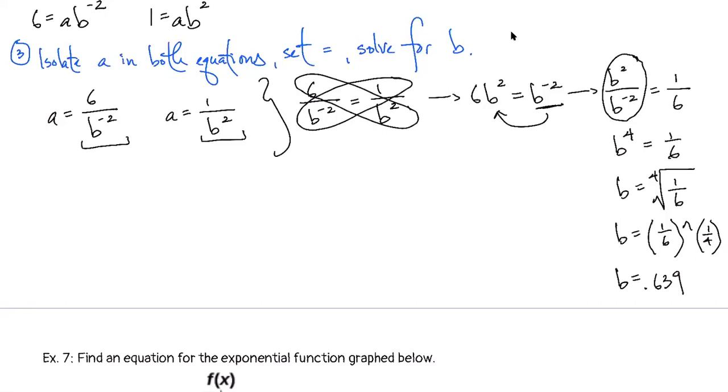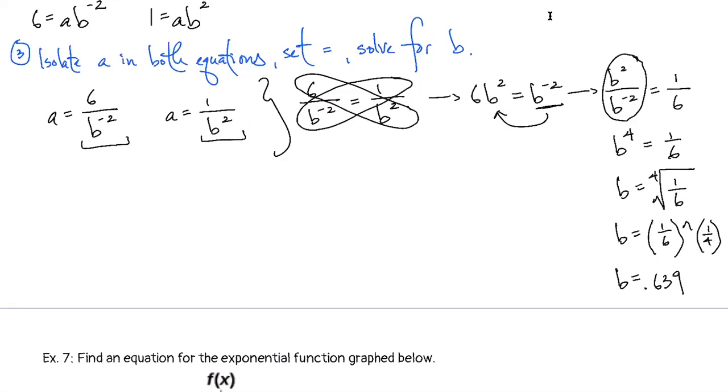Richard, to your question, how did you know to divide b to the -2 first and then the 6? I think it was more a goal of let me get all the b's on one side and then let me get all the numbers on the other side. So you could have moved the b squared to the other side.